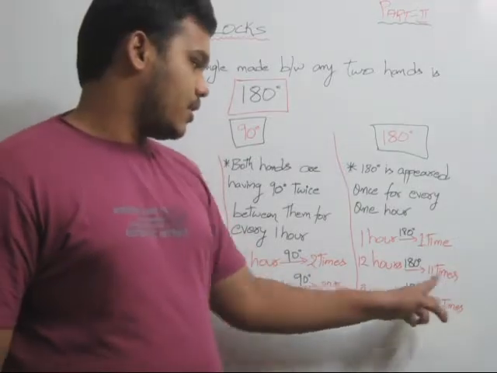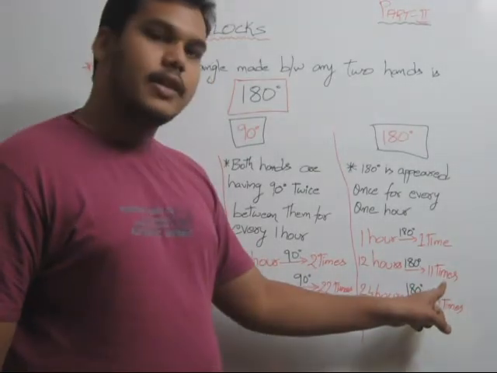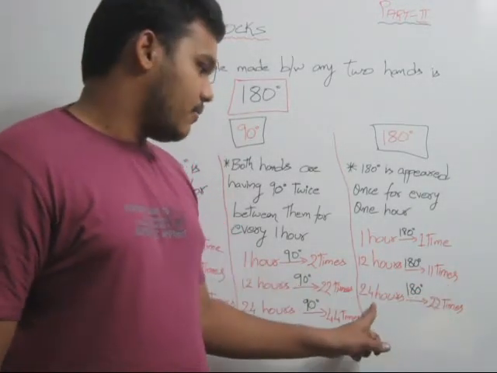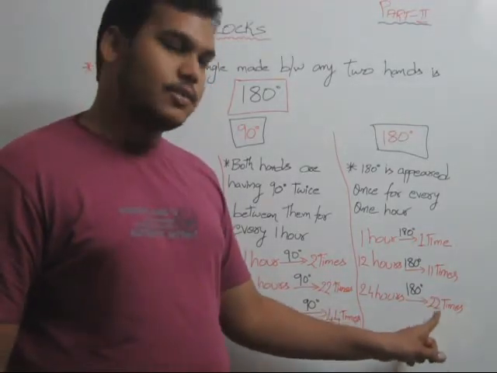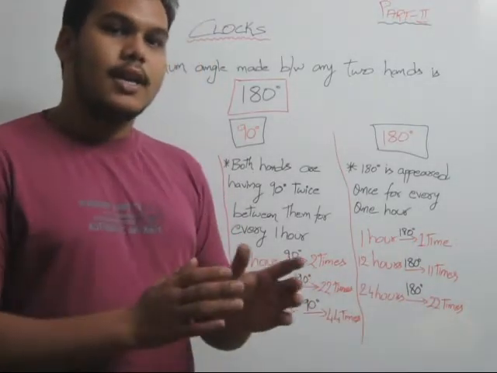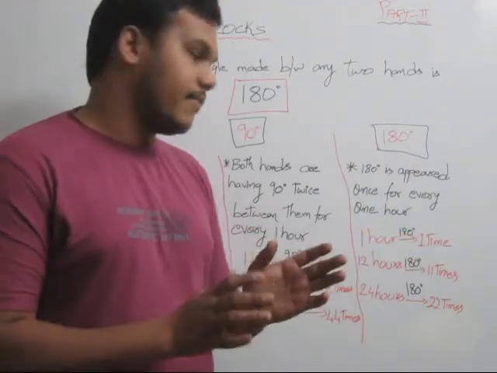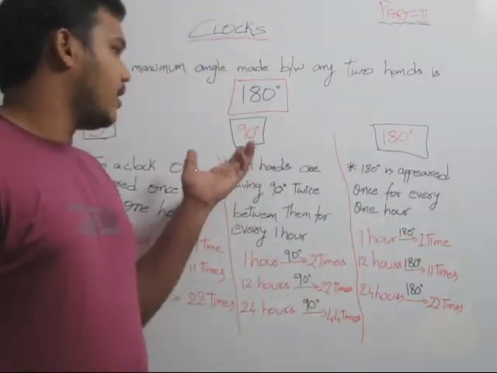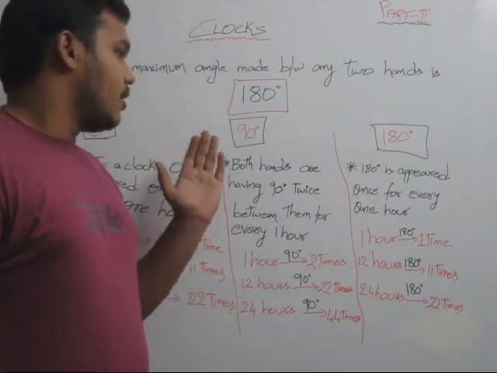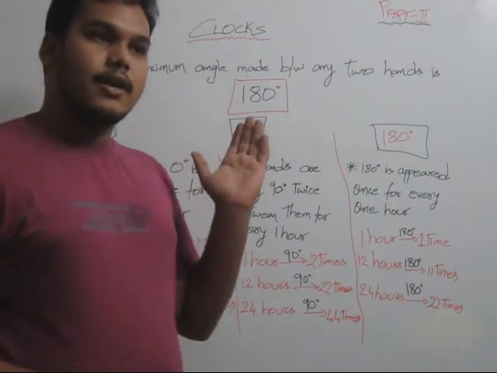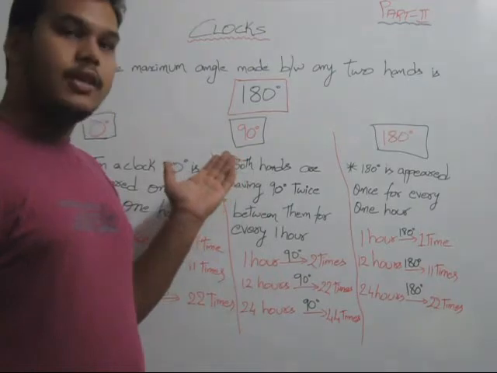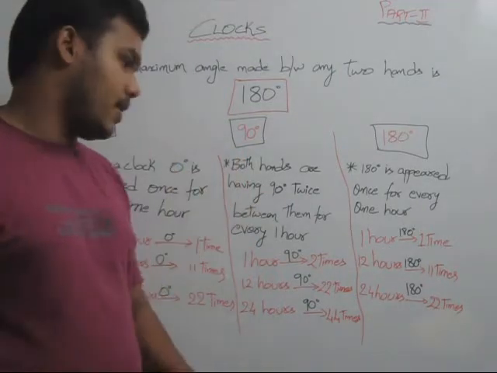You can observe here that for 12 hours 180 degrees is missing 1 time, and for 24 hours it is missing twice. I'll tell at what time these 180 degrees would be missing. Now moving on to the other angle, 90 degrees. 90 degrees can be observed in a clock twice for every 1 hour.